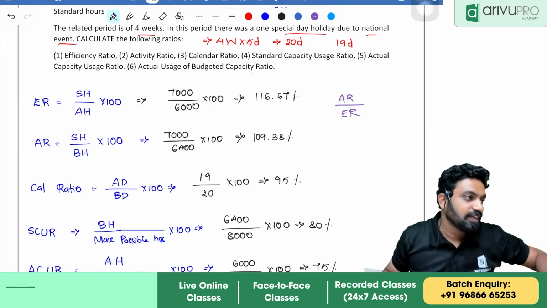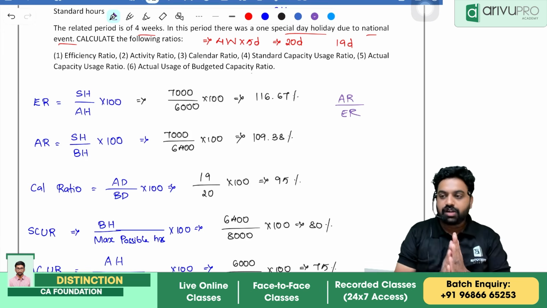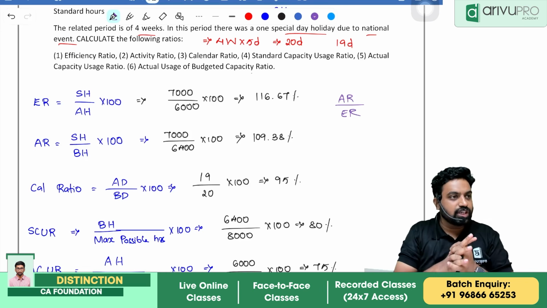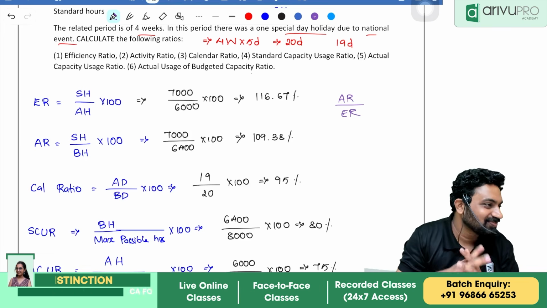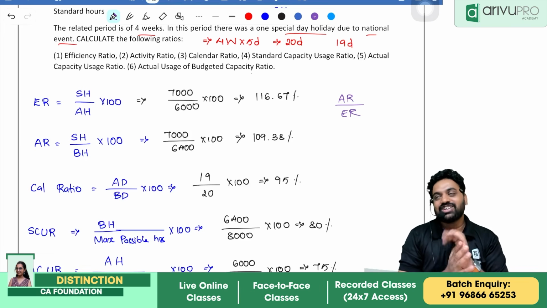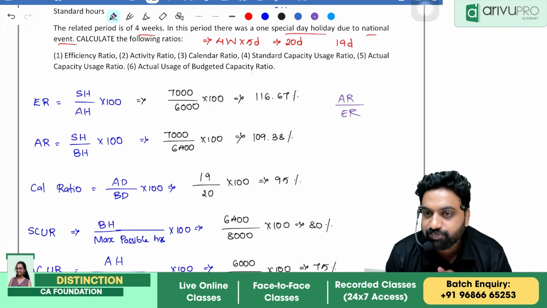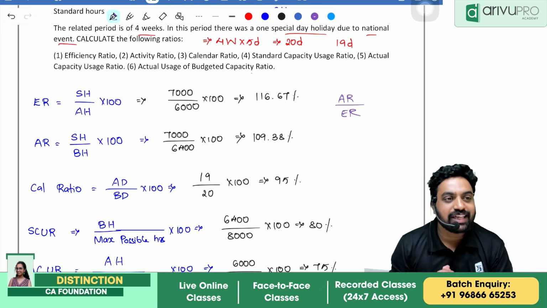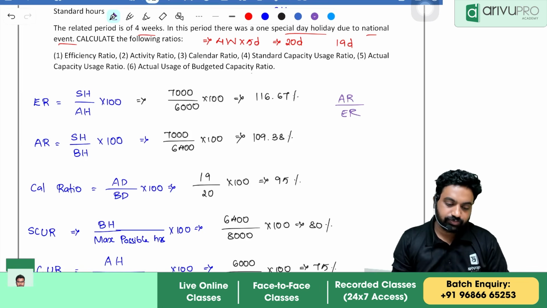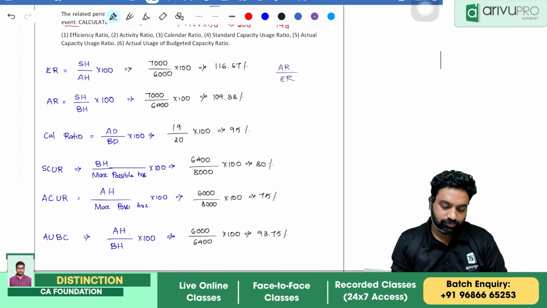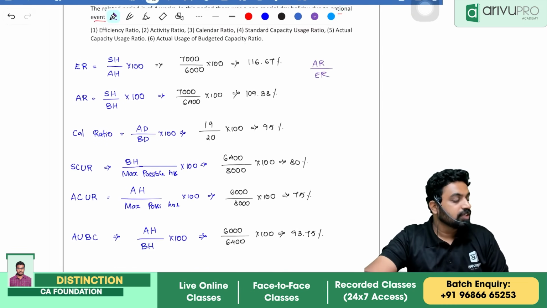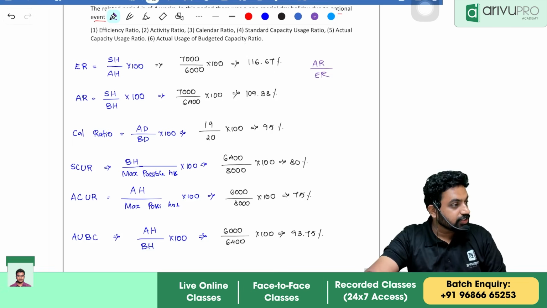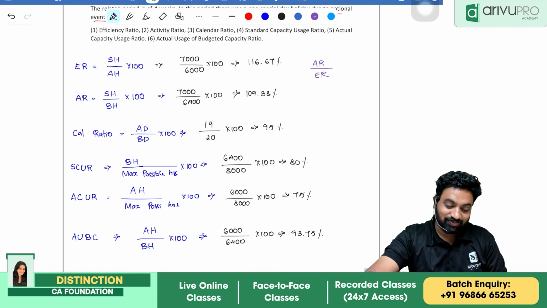That is capacity, or actual capacity usage of budgeted. Whatever long line it is, one big line will come. Is that done? And shall we proceed? Shanwanti, is that done? Shall we proceed? Oh my God, first time.